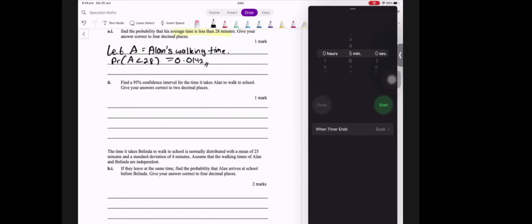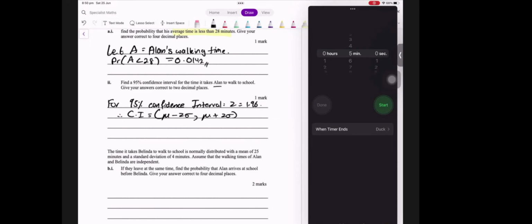So we have a 95% confidence interval for the time it takes for Alan to walk to school. For a 95% confidence interval, Z must equal 1.96. So our confidence interval would be the mean minus Z sigma, and the mean plus Z sigma.